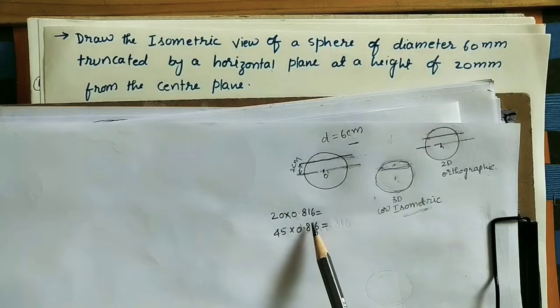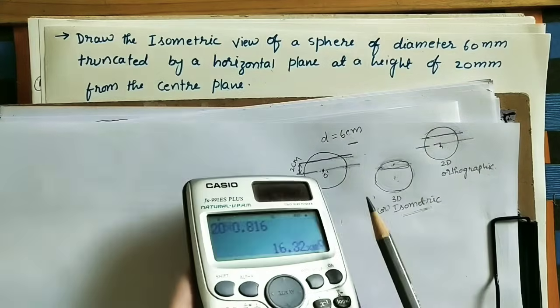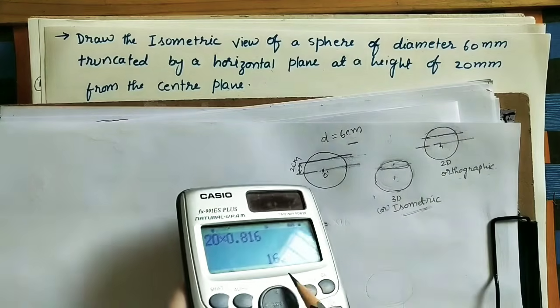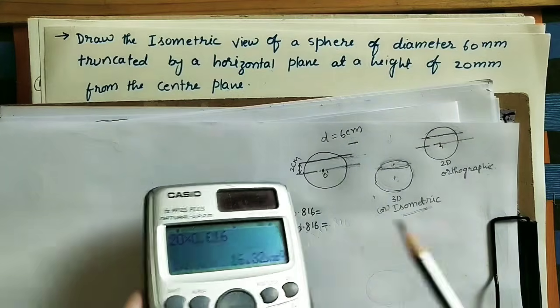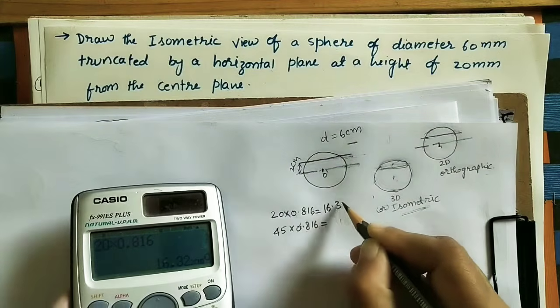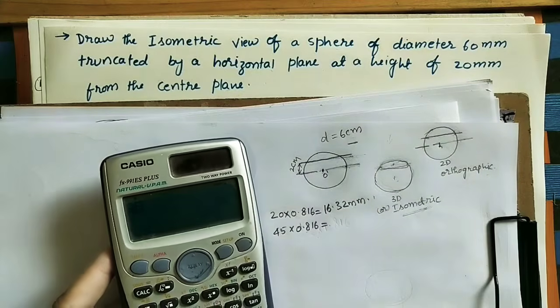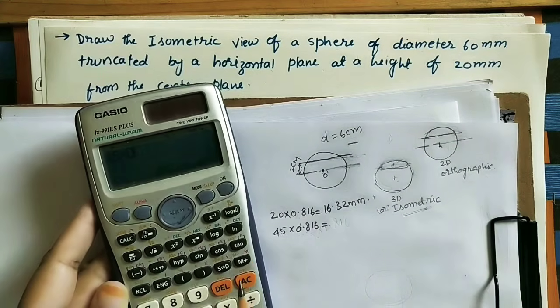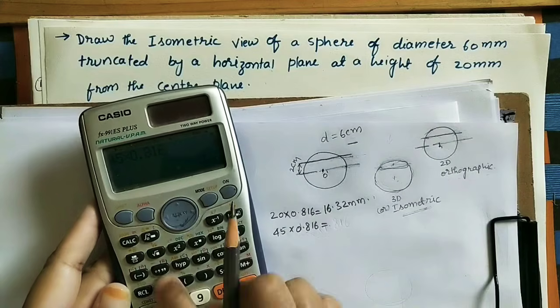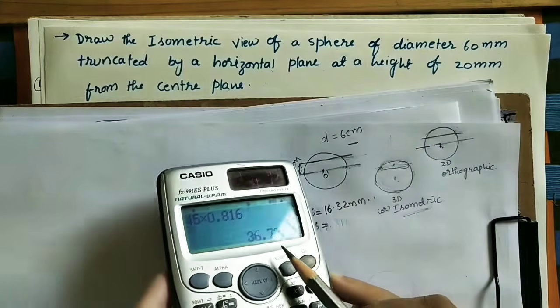Find out this value, 20 into 0.816, already I did it. So this value is 16.32 mm. And do the next one, 45 into 0.816. So this is 36.72.